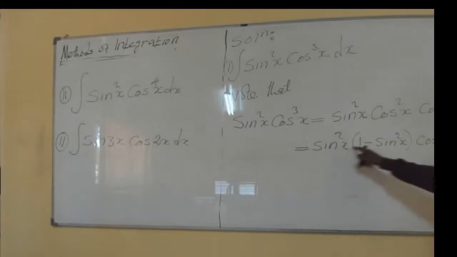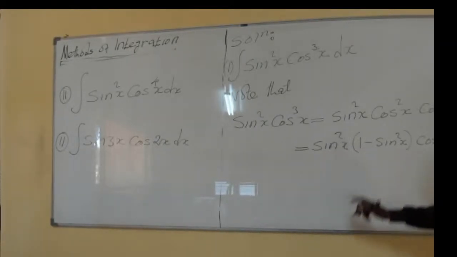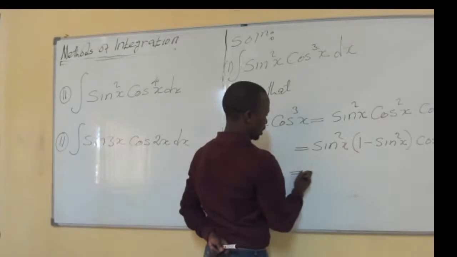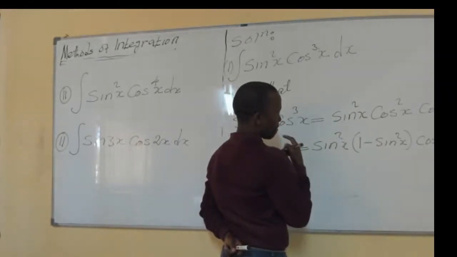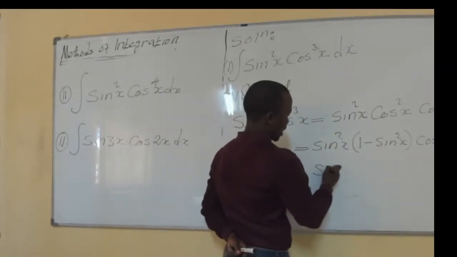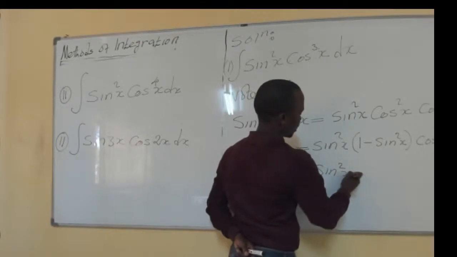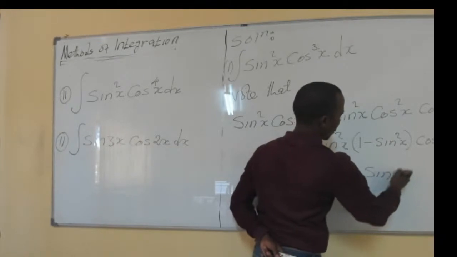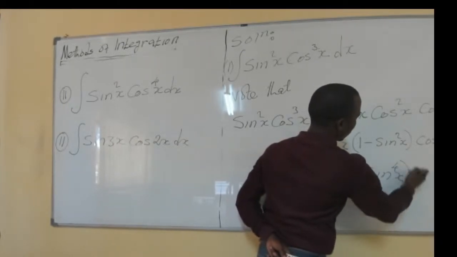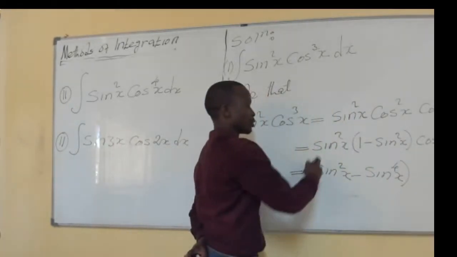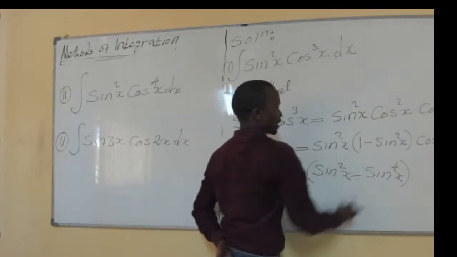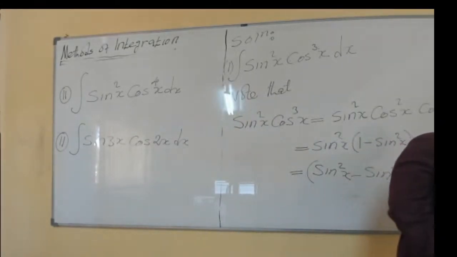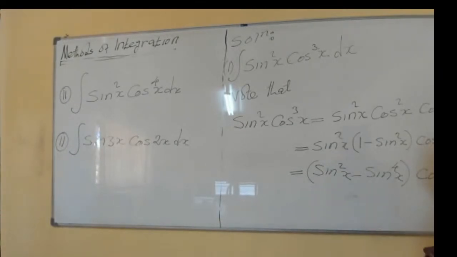When I multiply this by this, what you're going to get is sine squared of x minus sine to the power 4 of x, because sine squared of x and sine squared of x give us that. Then on this side we have cos x.